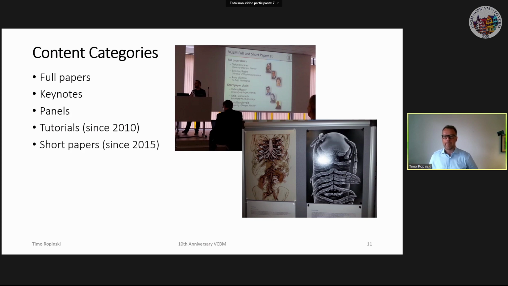We have short papers, and since last year, we actually have an image contest as well, which I find a very nice track where you can look at very beautiful images which are produced. So Michael in the opening today showed this rendering of the coronavirus, and these are all images which contribute and come out of VCBM.